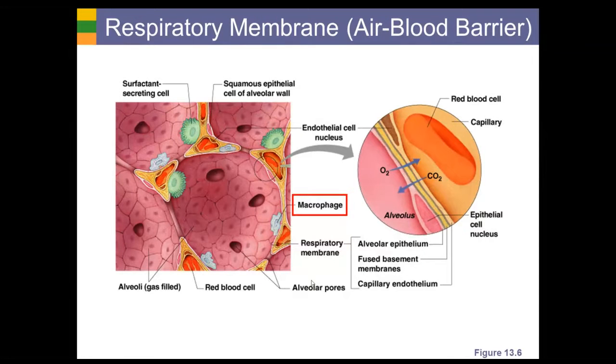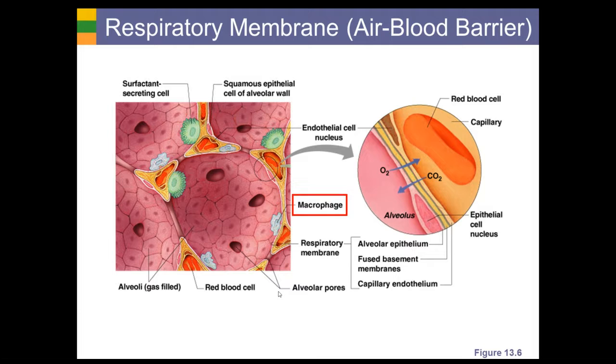Because we inhale germs all the time, COVID-19 notwithstanding. So there are white blood cells like macrophages that take up residency in our lungs, and their function is to destroy any microorganisms that make it to our lungs to prevent infection and illness.